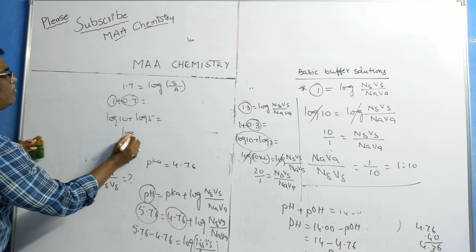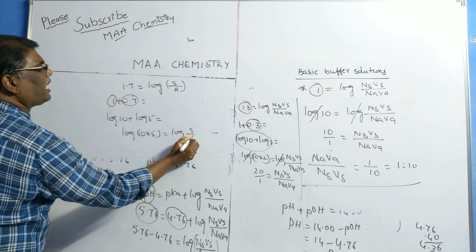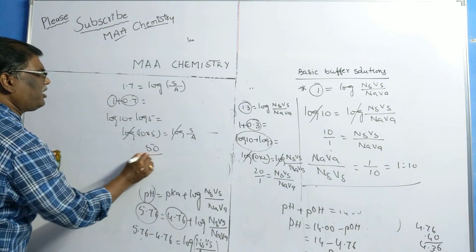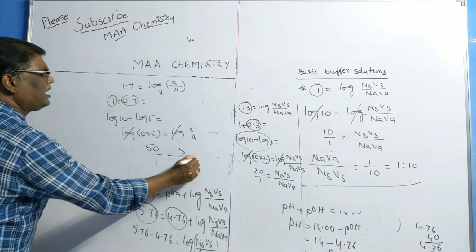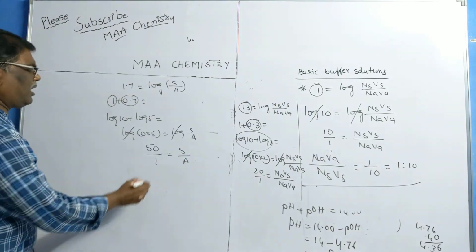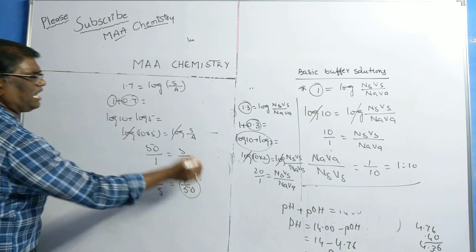That's why this becomes log of 10 into 5 equal to salt by acid. Logarithms are eliminated. Thus the ratio is calculated: 50 by 1 equal to S by A. Thus the ratio of acid to the salt is calculated.